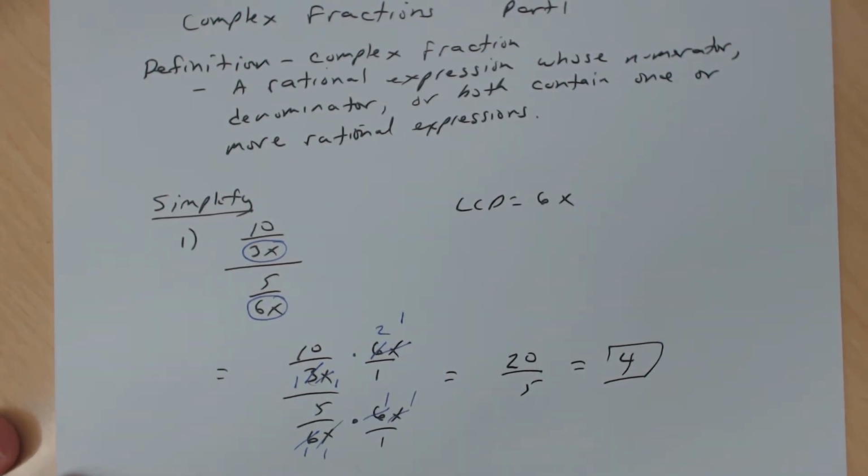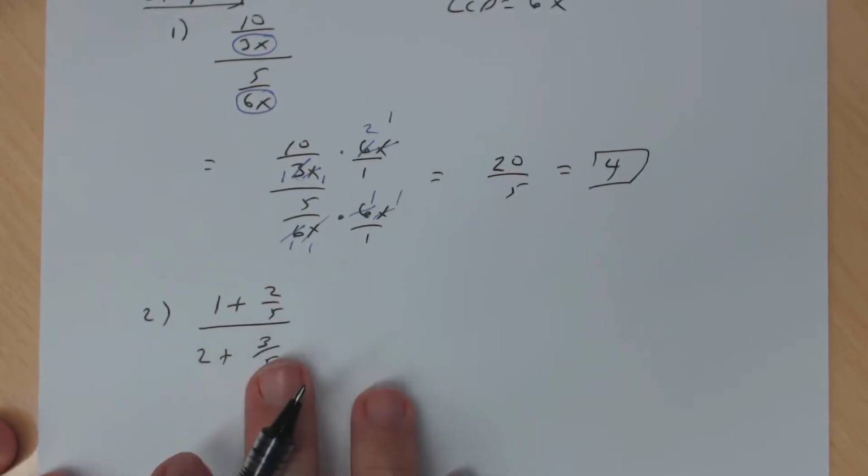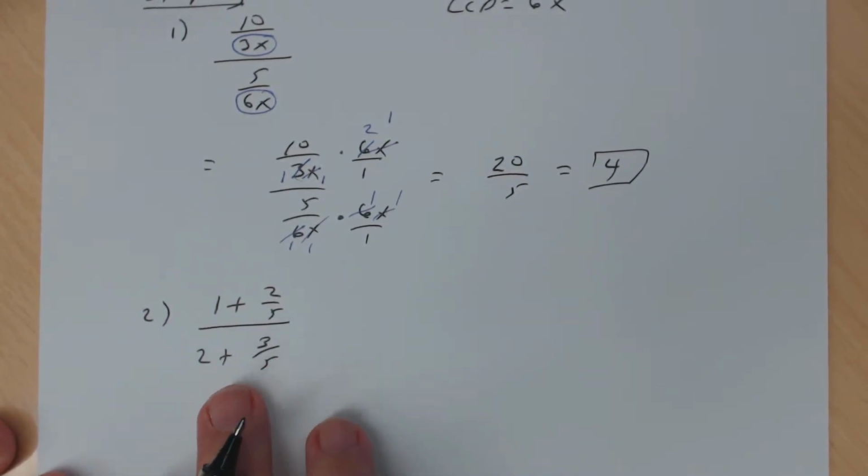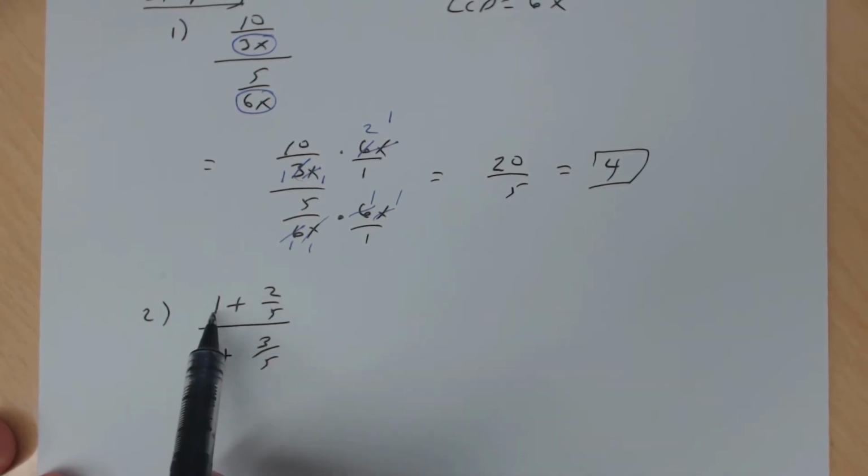Okay, the next one. You have 1 plus 2 divided by 5, and then the denominator is 2 plus 3 divided by 5. So 1 plus 2 divided by 5, divided by 2 plus 3 divided by 5. Okay, you may want to rewrite the 1 as 1 over 1, as a fraction. It's up to you.